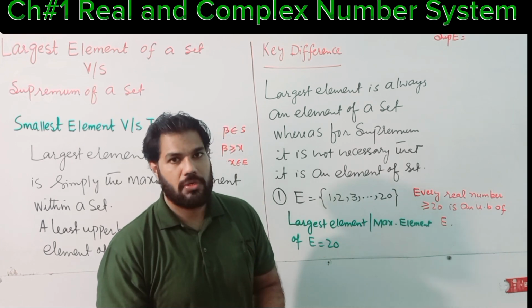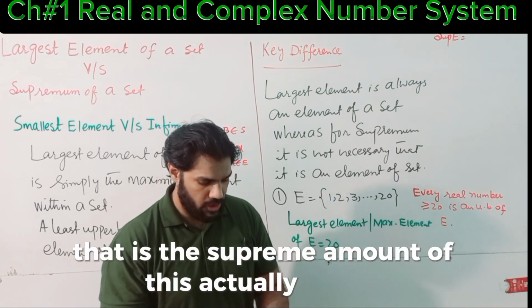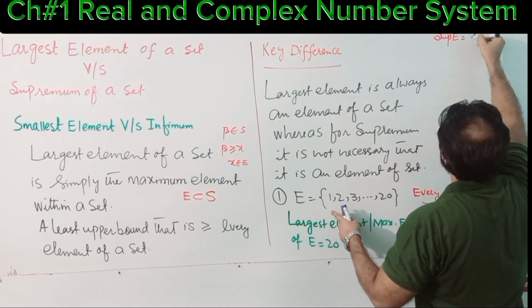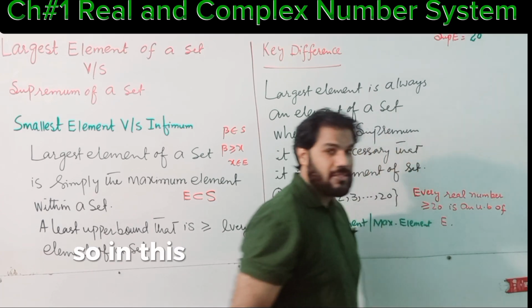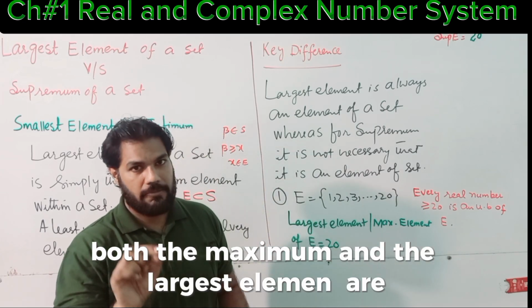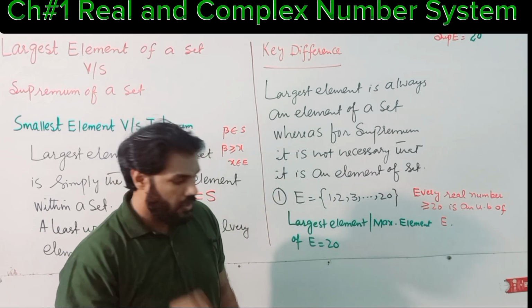So the least upper bound, that is the supremum of the set, is here 20. So the supremum of E is equal to 20. So in this example, you can see that both the maximum and the supremum are the same.